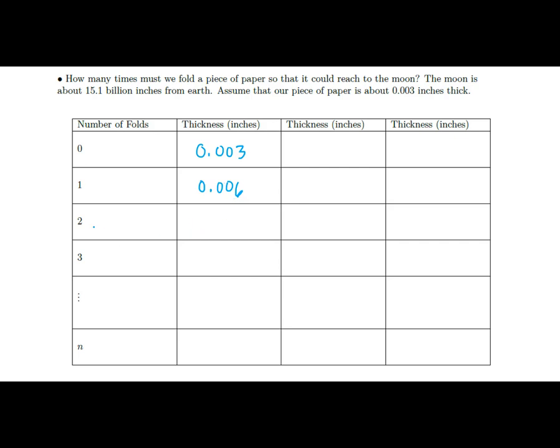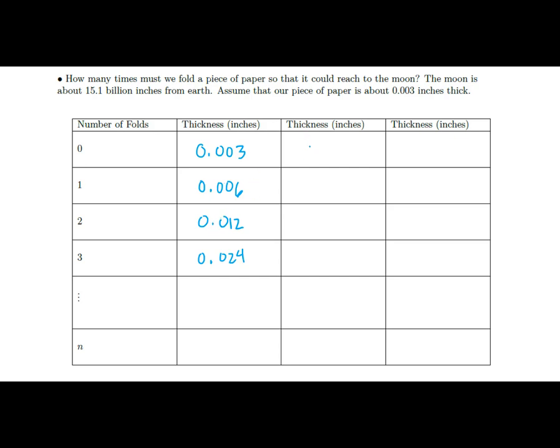If I folded it again, so 2 folds, then it would double in thickness again, right? And if I did it again, it would, of course, double again. So we're just trying to observe the pattern that's happening here. All right, and so we see what's going on.